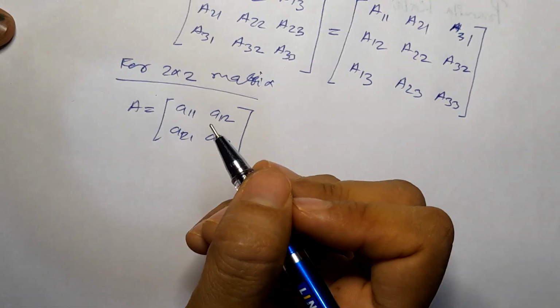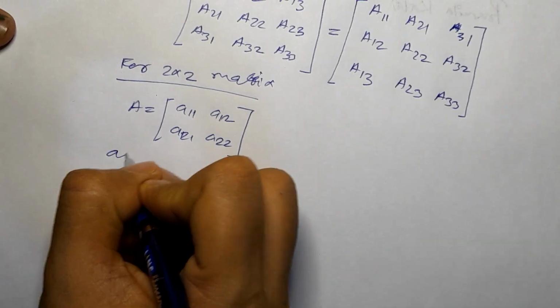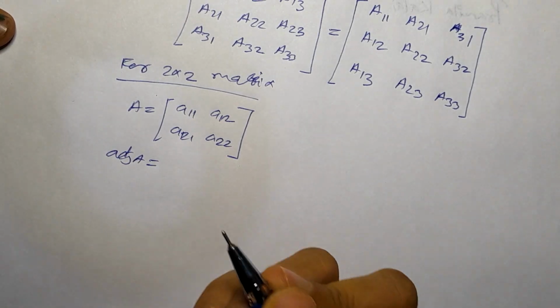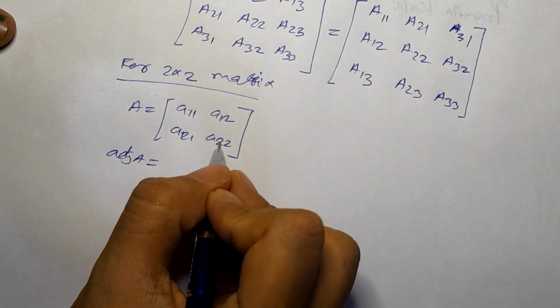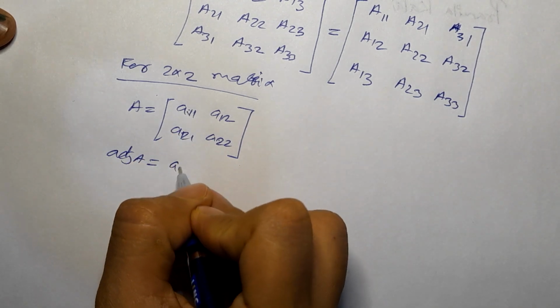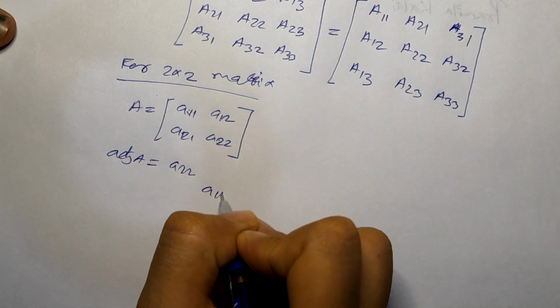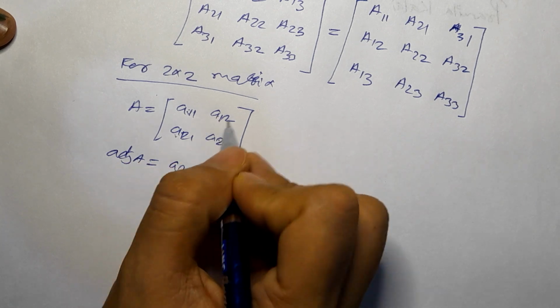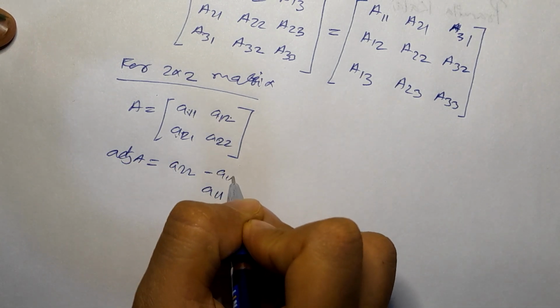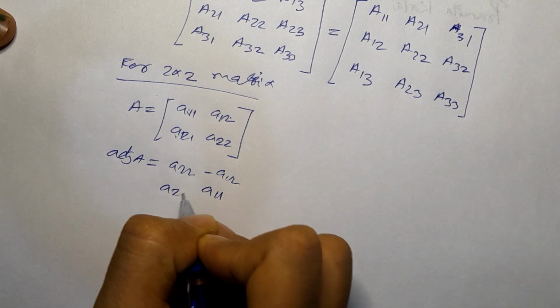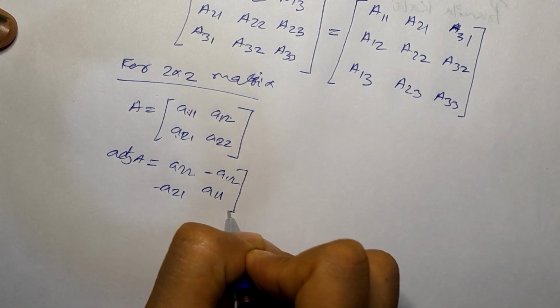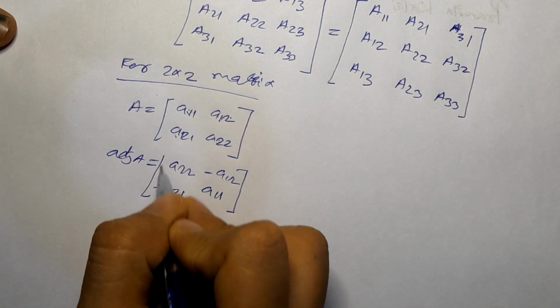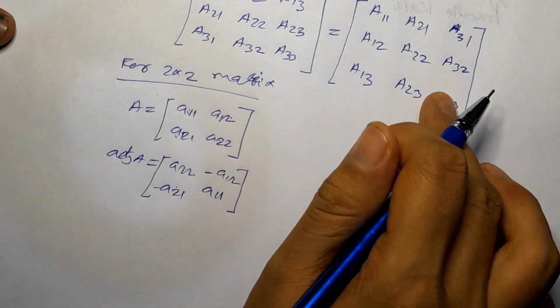So adjoint of A, we find directly, that is interchange these two. So it will be a22, a11. Then change the sign. So this is positive and positive. So these two will be negative: negative a12, negative a21. So this is the adjoint of 2 cross 2. This is the adjoint of the 3 cross 3.